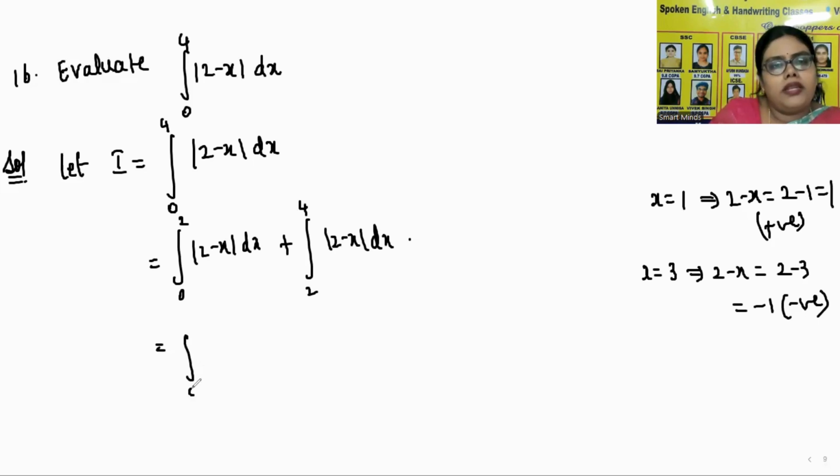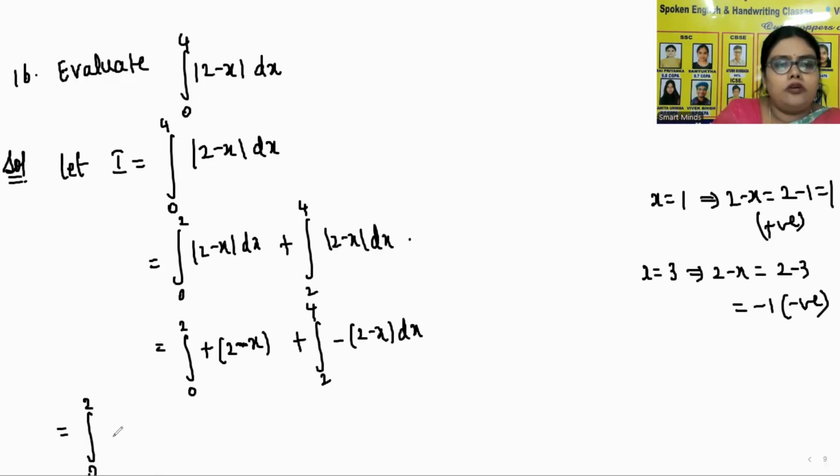Now here, integral 0 to 2, I am removing this modulus and I am writing positive 2 minus x. And within this interval, I am removing the modulus and I am writing minus of 2 minus x. That is negative. Now let us separate the integration.